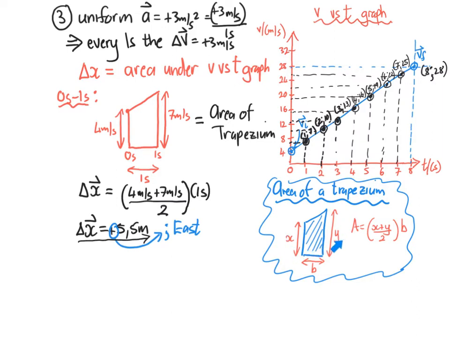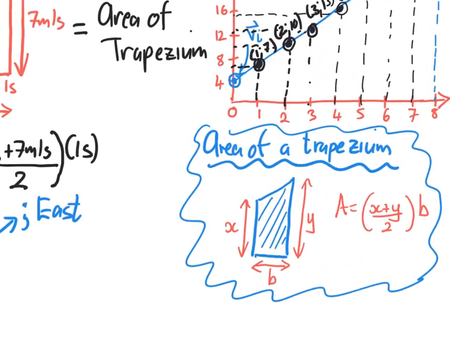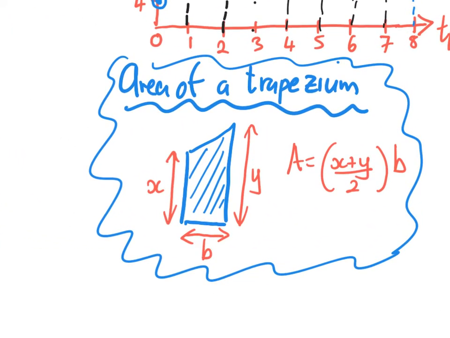But because we've got to do a lot of these calculations, it's better for us to rather use the standard formula for the area of a trapezium. And that is that the area of a trapezium is equal to the average of the two sides. So we get the average by taking the one side and the other side and then dividing by 2.